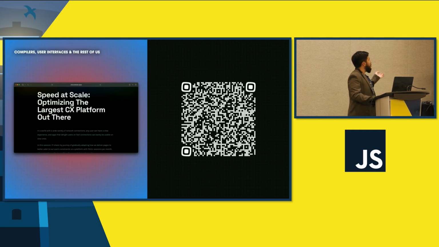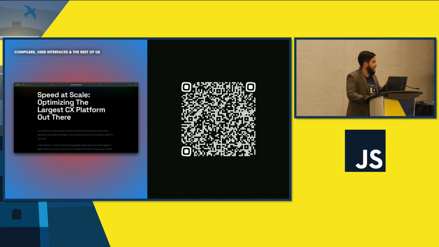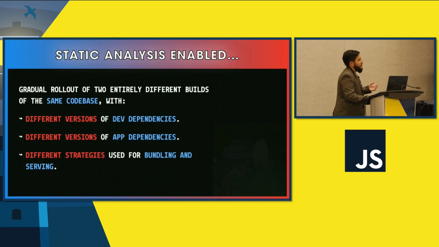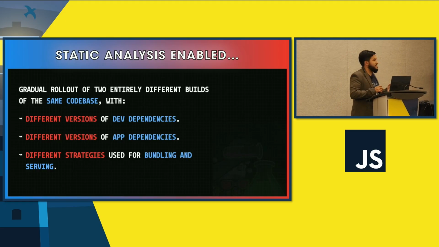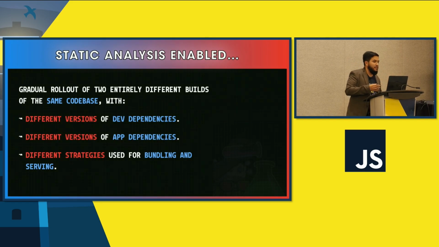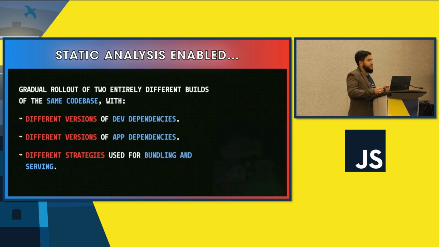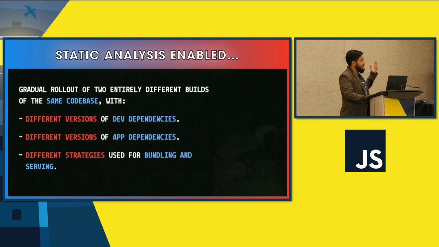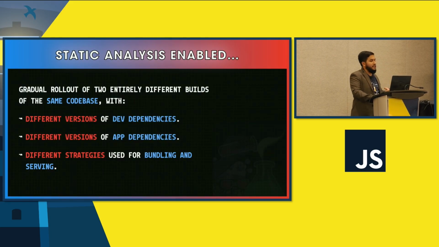Anyways, if you want to know more about that, I have a whole case study of optimizing performance at my company using a lot of static analysis. But the TLDR here is that with static analysis, we could have a gradual rollout of two entirely different versions of the same code base that were bundled with different versions of developer dependencies, of app dependencies itself, like different versions of React, and entirely different strategies for bundling and serving, so that we could simply toggle.